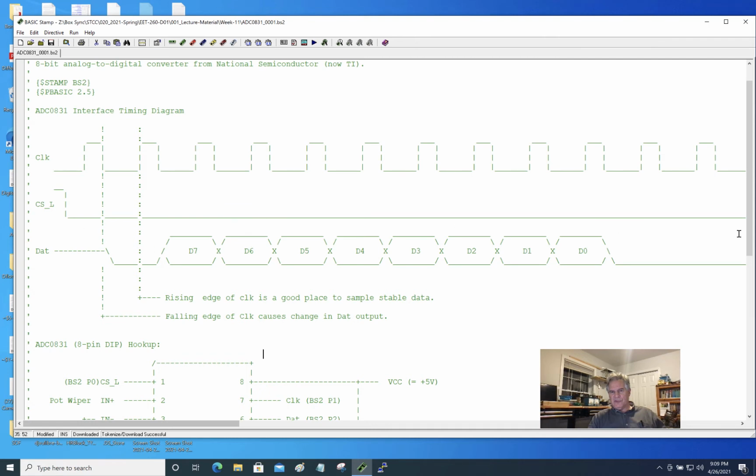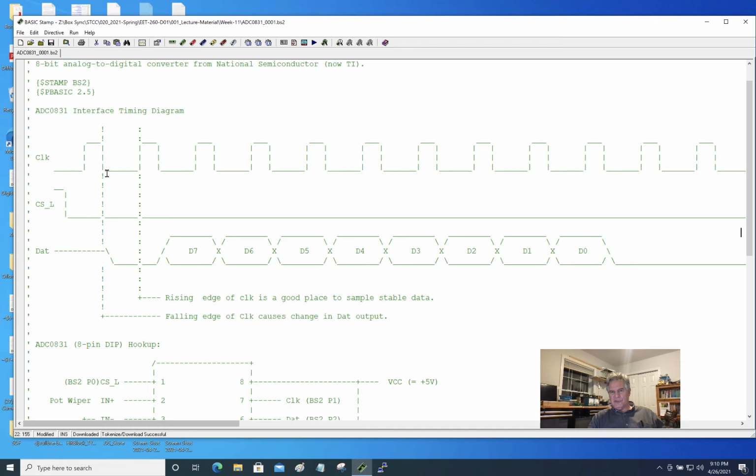Time progresses to the right, kind of like it would on an oscilloscope or a logic analyzer or that sort of thing. And what happens here is this first bit is a 0 and doesn't give us any information, but the output goes from what they call a high impedance or an undriven state, usually represented as mid-supply or somewhere in there. It probably is more like floating up near the supply voltage, but this indicates that it's just not driven and you can't take any data there.